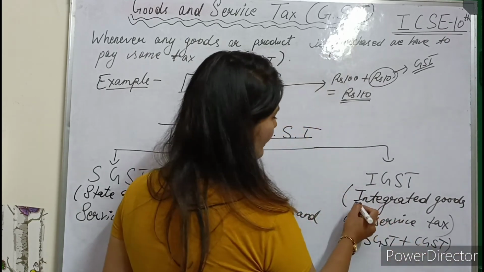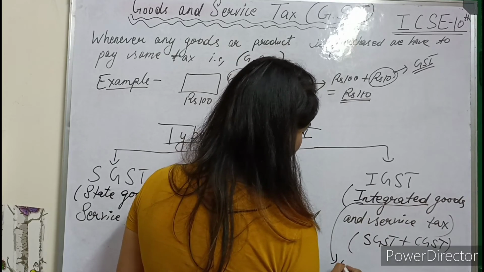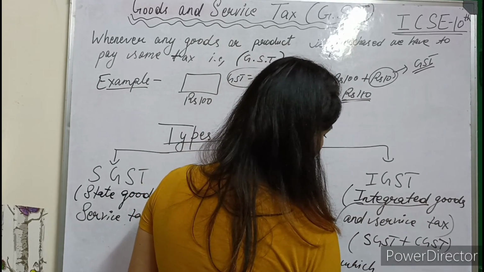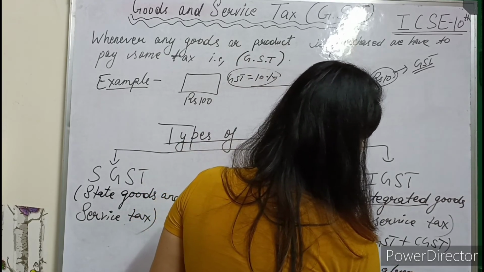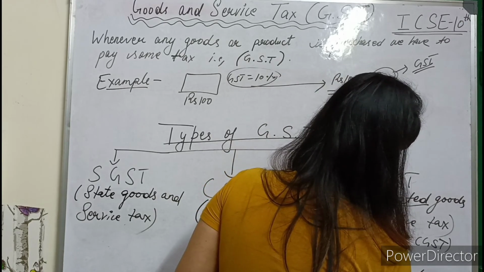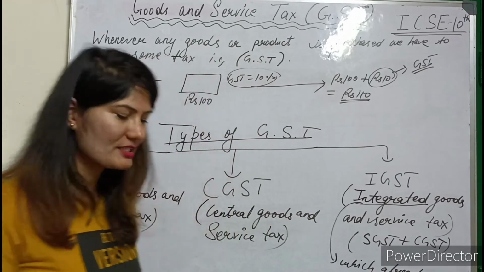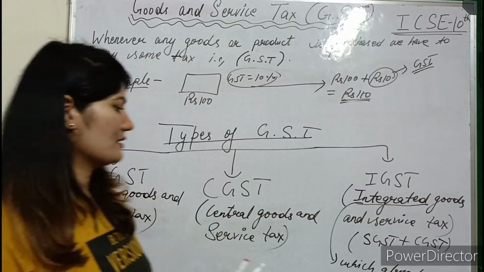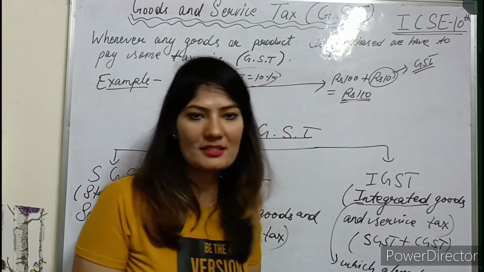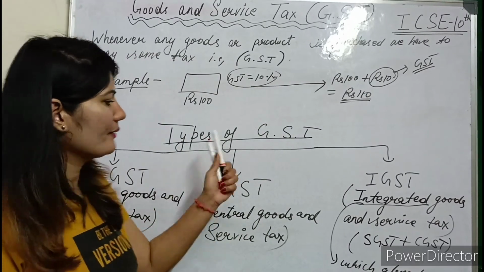Because the word integrated means which already exist. That is why IGST will include both the taxes, that is CGST plus SGST. So this is about the types of GST.